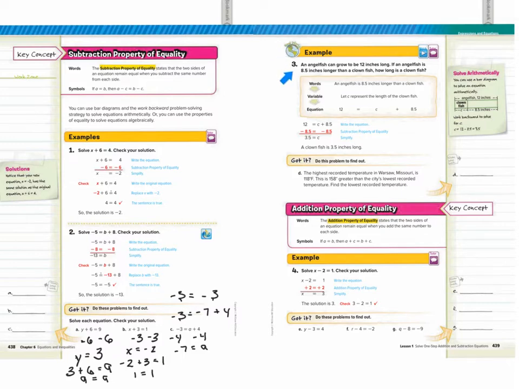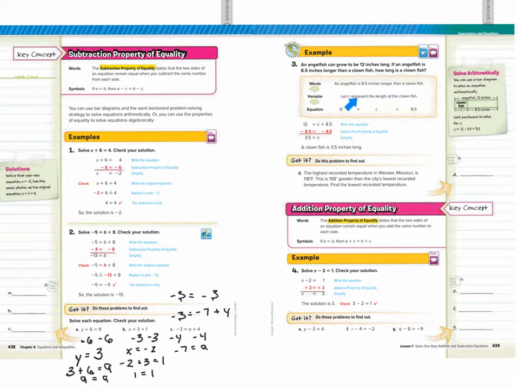Here's a story problem. An angelfish can grow to be 12 inches long. If an angelfish is 8.5 inches longer than a clownfish, how long is a clownfish? All right, well, here's our words. And then we know that an angelfish is 8.5 inches longer than a clownfish. Well, what we don't know is how long is a clownfish.